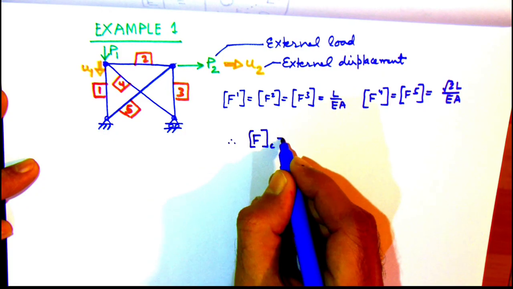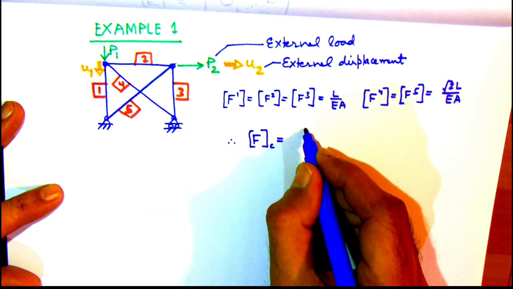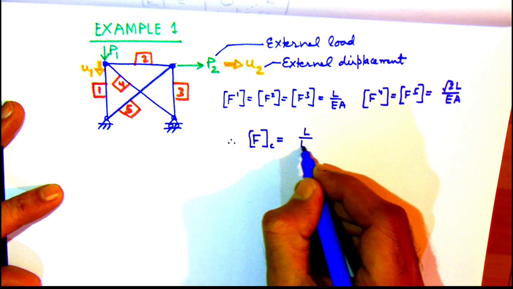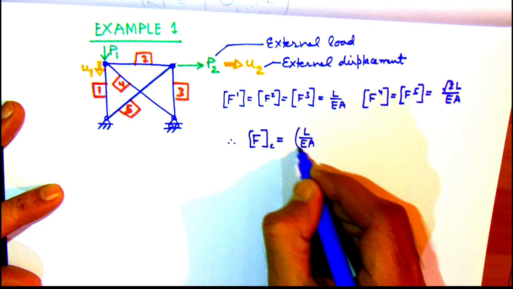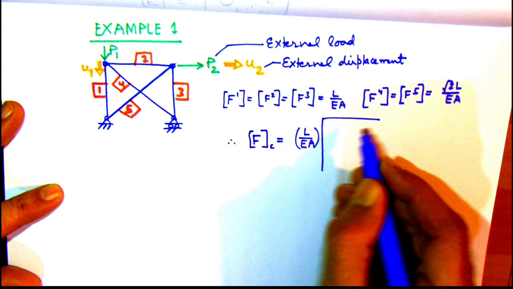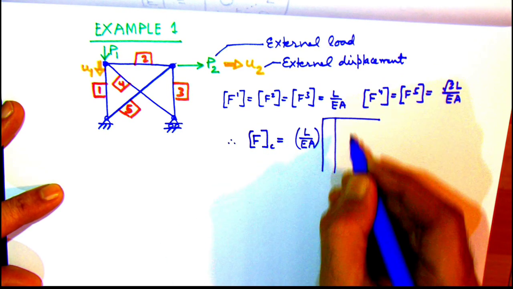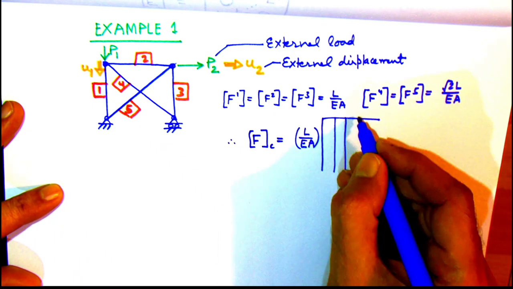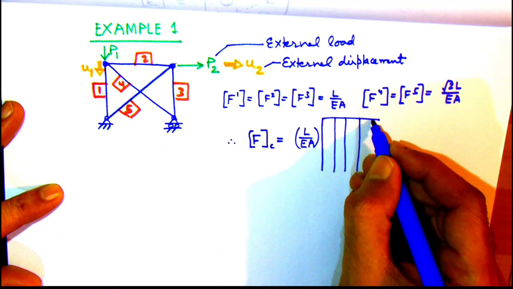So from these individual flexibility matrices, which are just 1 by 1 and very simple, we can arrange these diagonally and obtain the collective flexibility matrix, so that we have only the diagonal terms as the main terms, and the remaining terms are simply zero, as we are showing here.